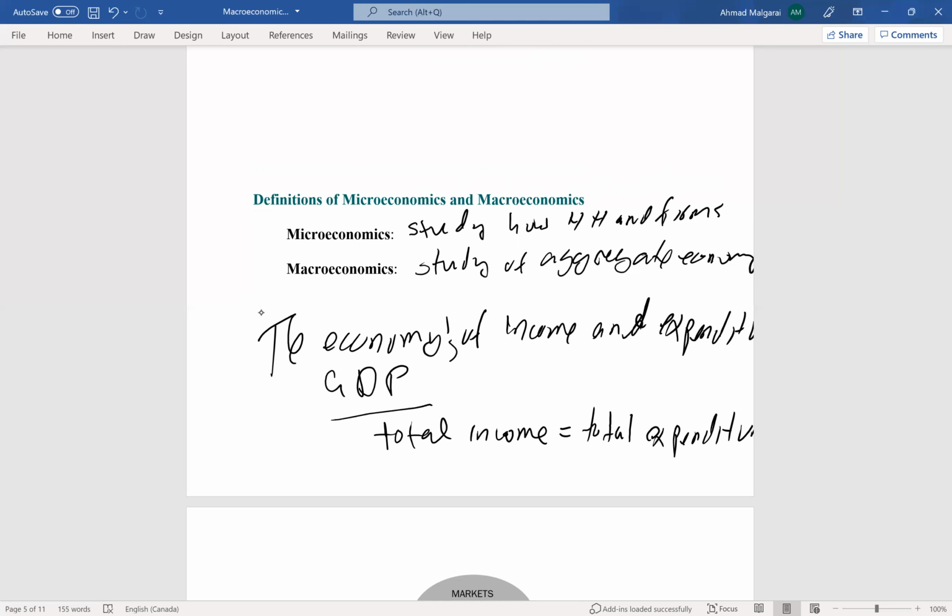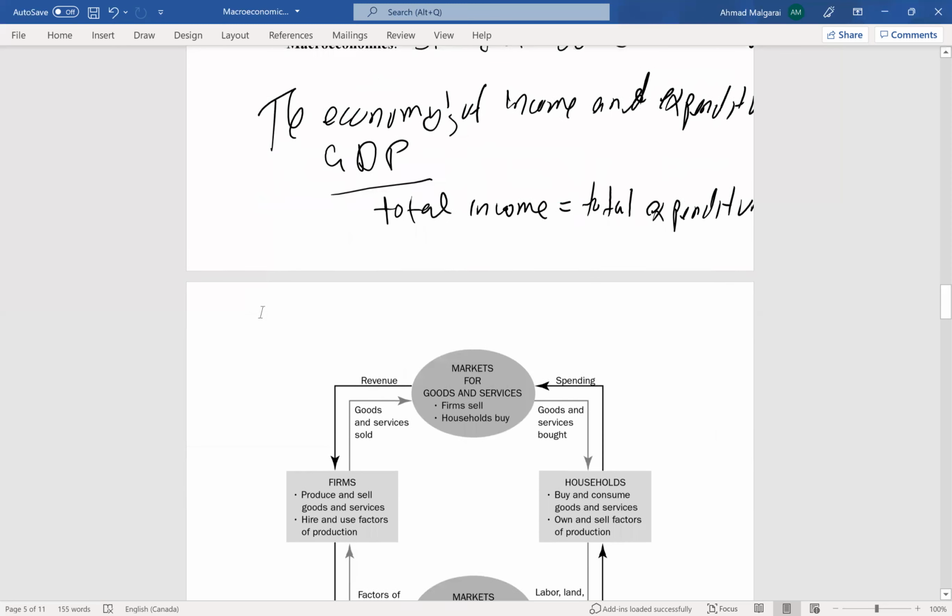An example of this: if you pay someone to cut your lawn, the expenditure on the lawn service is $100, and it's exactly equal to the income earned from the production of the lawn services, which is $100. So expenditure is equal to income. Total income equals total expenditure.